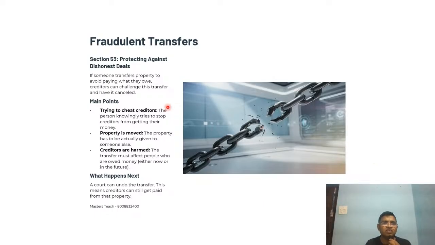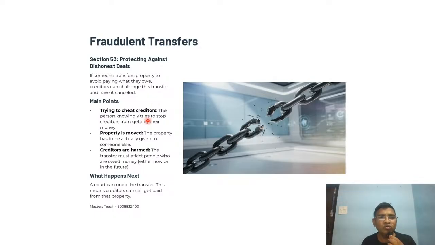Then we'll discuss the fraudulent transfer. Section 53, protecting against dishonest deals. If somebody transfers property to avoid paying what they owe, creditors can challenge this transfer and have it cancelled. Main point: trying to cheat creditors.